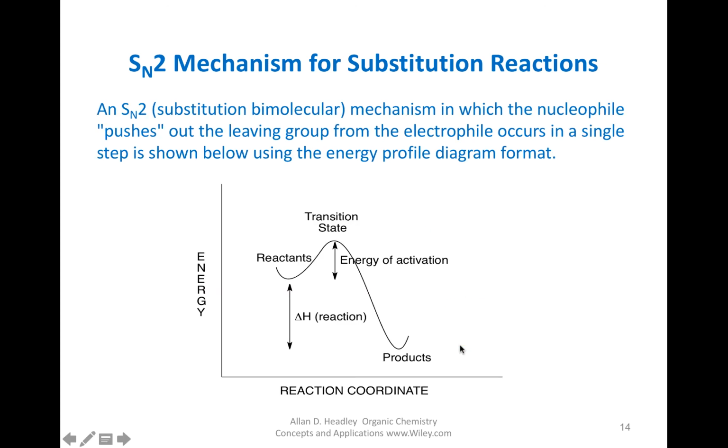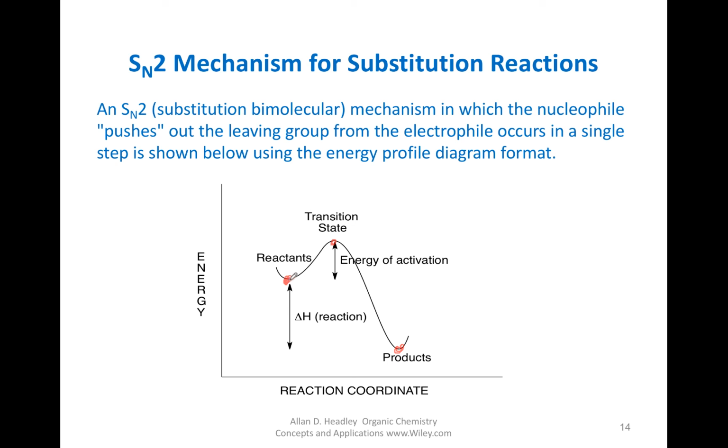Of course, as you know, another way of representing a reaction mechanism is using the energy profile diagram. So we start here with our reactants, the electrophile and the nucleophile, go to our transition state where the bonds are partially broken and partially formed, and then once that's formed, it quickly goes on to the products, which would be, of course, the leaving group and the organic product.